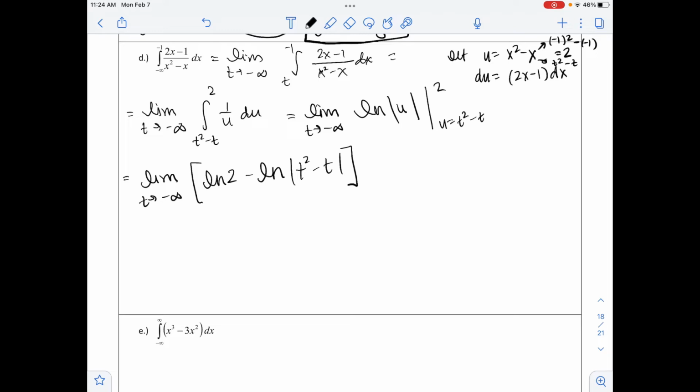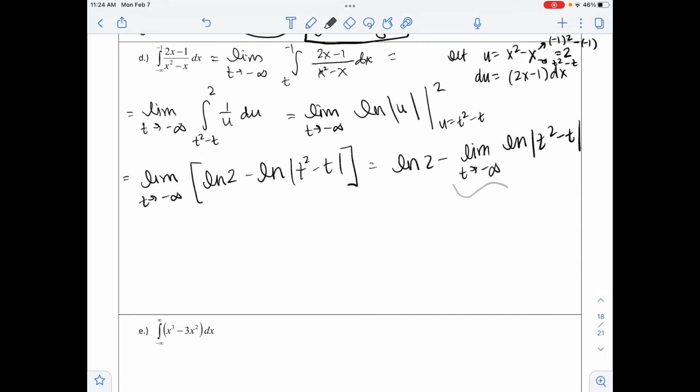And then taking the limit of each of these, the limit as t approaches negative infinity of ln of 2 is just going to become ln of 2, minus the limit as t approaches negative infinity of ln of the absolute value of t squared minus t.